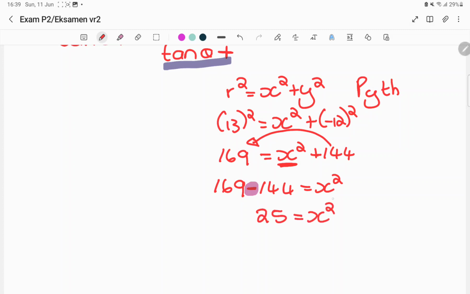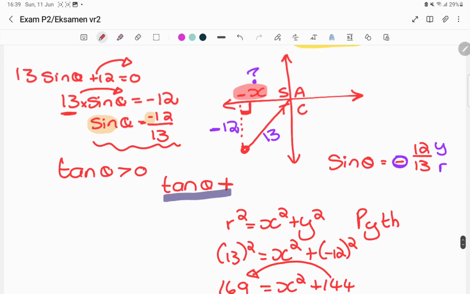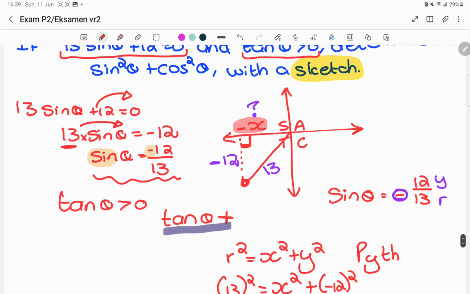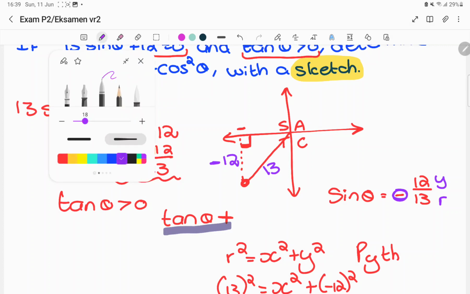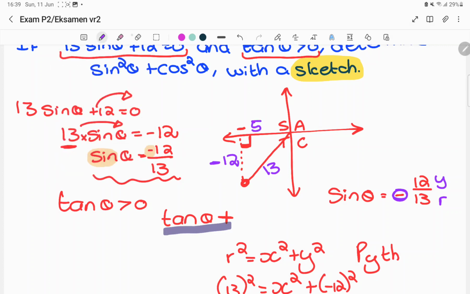So to get rid of my x squared, I have to put both sides in the square root. So x is equal to positive or negative 5. I always have two options. Looking back at my sketch, where does my x lie? It lies on the negative half. So I know it will be negative 5.